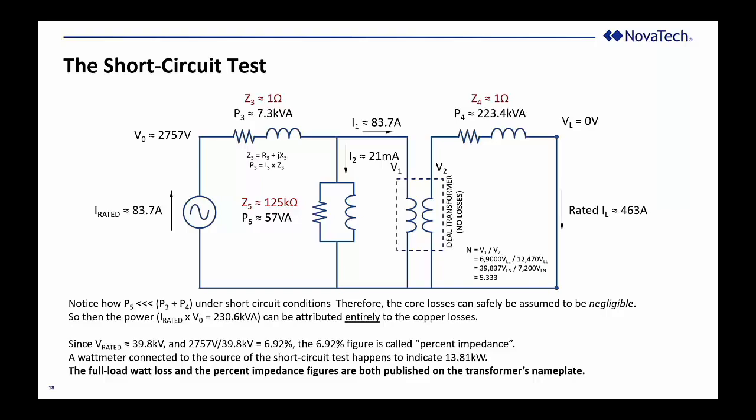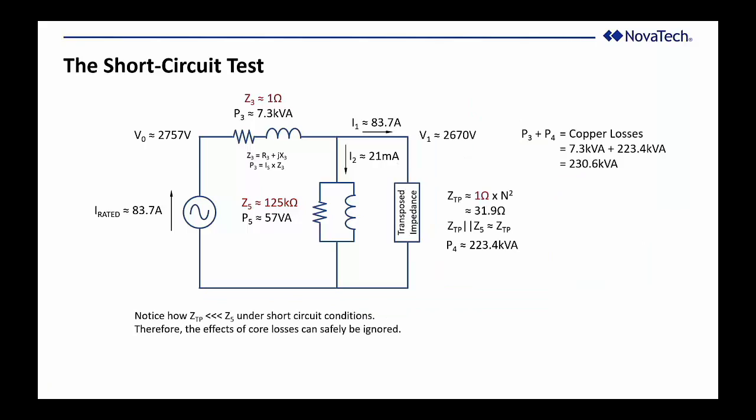So the figures that I used in the open circuit test are still good for the short circuit test. The impedance of the parallel component is still 125 k ohms, and for the windings, I just took equal values in terms of impedance that develop different amounts of power drop depending on the amount of current that's passing through them.